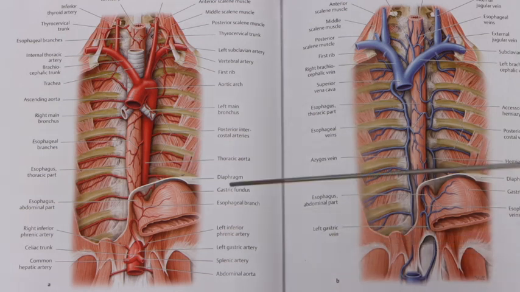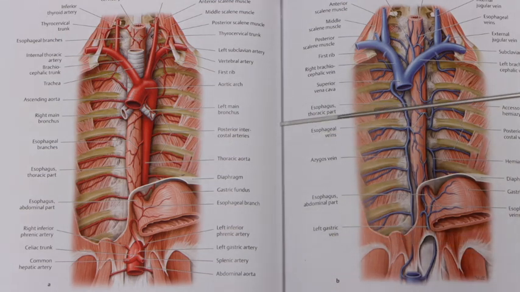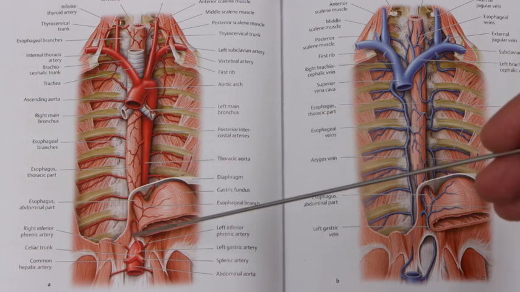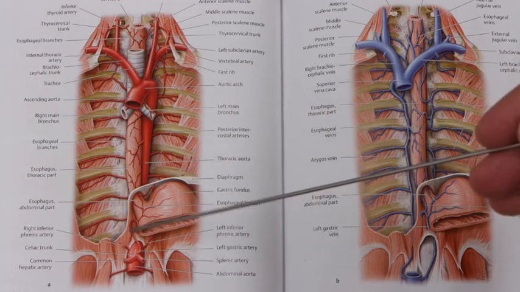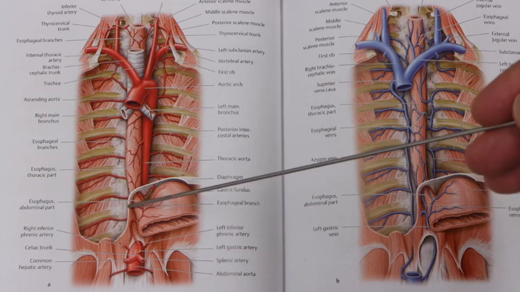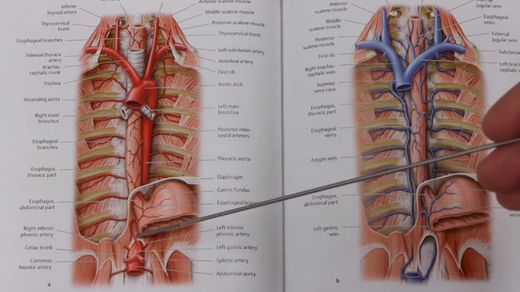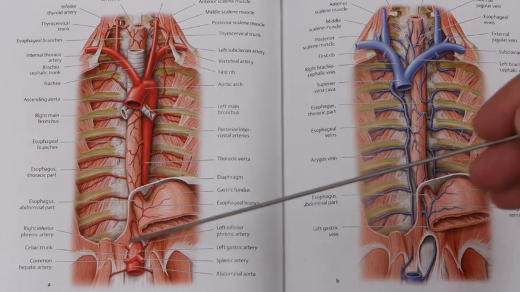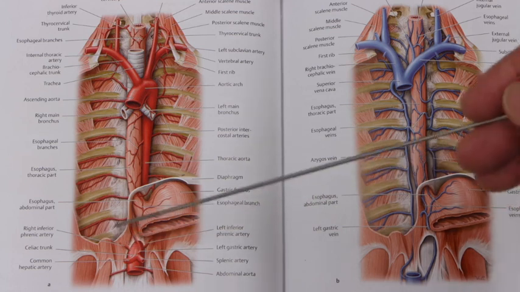So the first artery that is a branch of the parietal branch of the aorta is the superior phrenic artery, which is exactly above the diaphragm, before the aortic hiatus at the level of T12.